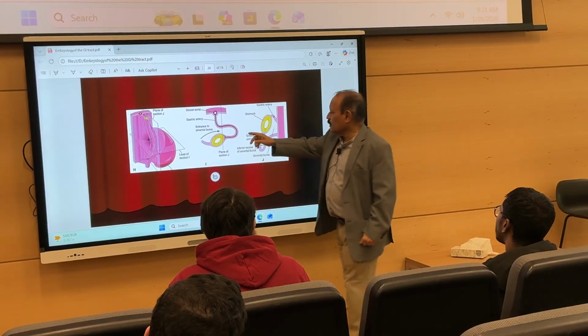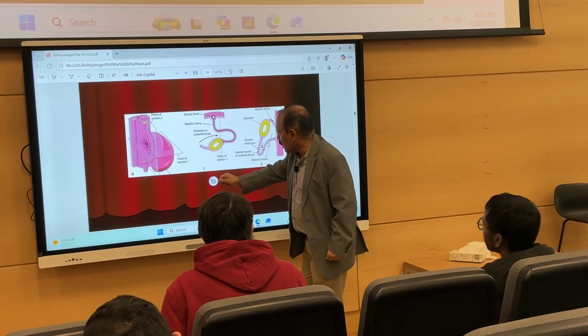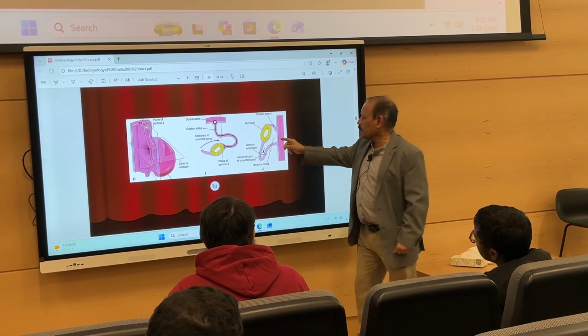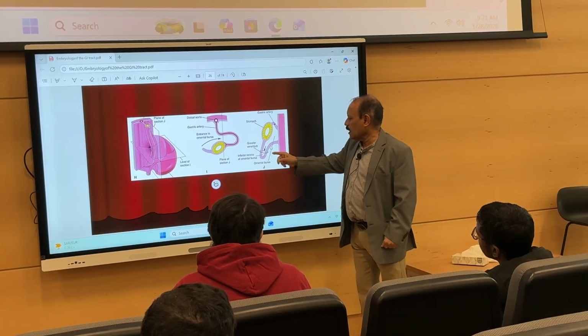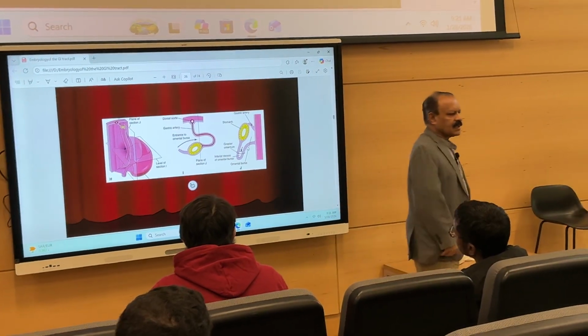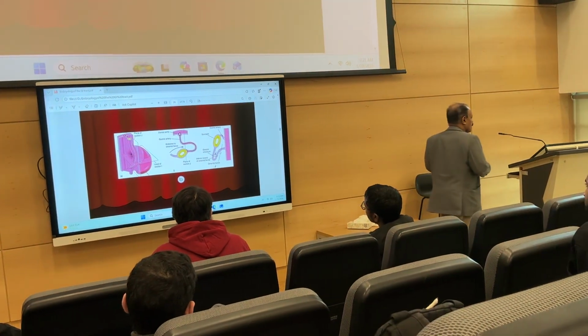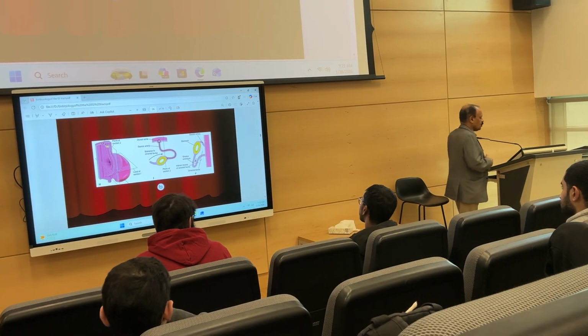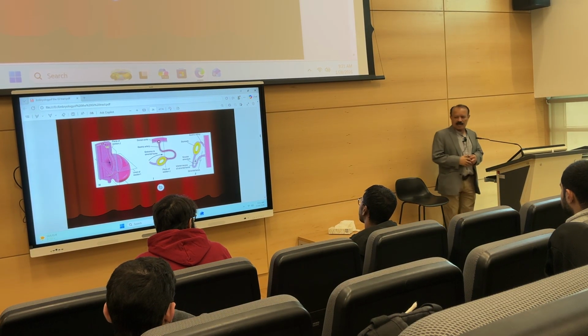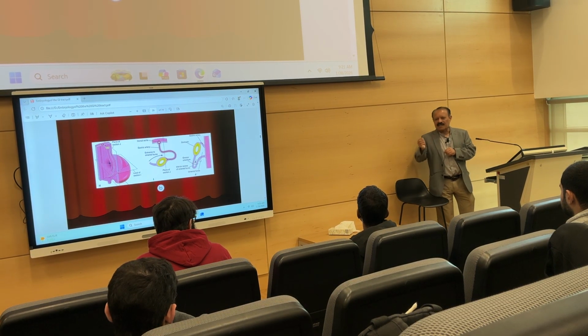So this one has come down further to form two things, the omental bursa and the greater omentum. The greater omentum is basically the dorsal mesogastrium. That's all. You don't have to know the detail of how the little bit of ligament is going here and there.